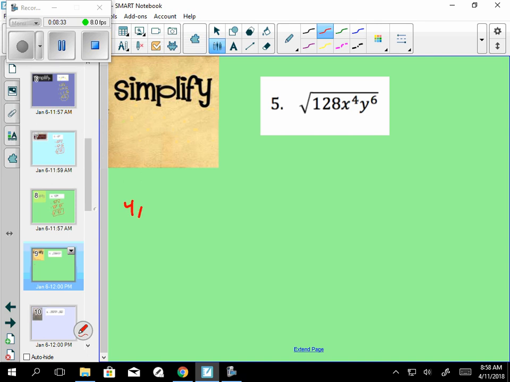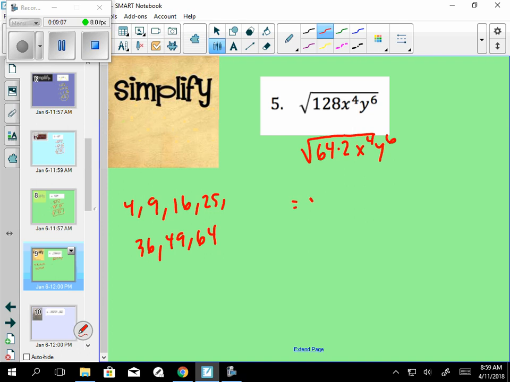I think if you check 4, 4 divides into that, but I think we can go even bigger. 9 doesn't. 16 also divides into that, but I think even bigger than that, if you keep going, we have 64. 64 goes into 128 2 times. So what we'll do is we'll split this into two radicals here. This is 64 times 2, which is the same as 128.